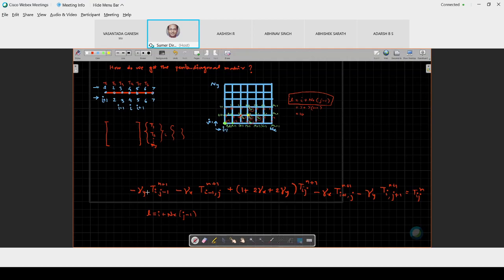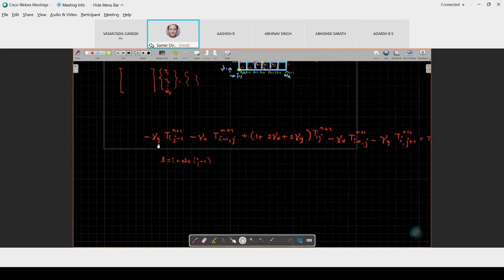So we wanted to get a generalized system, not only like 10 or 11. So we want to convert this ij minus 1 in terms of single index notation. So this term comes like gamma y T L minus nx, n plus 1, minus, then the second term, this I minus 1 term, comes T L minus 1.